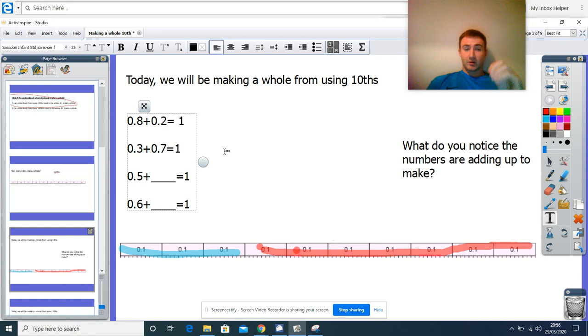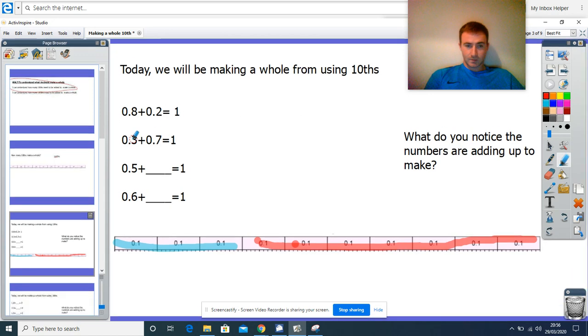So you'll see here, have a look at my highlighter for me. So 3 plus 7 equals 10.